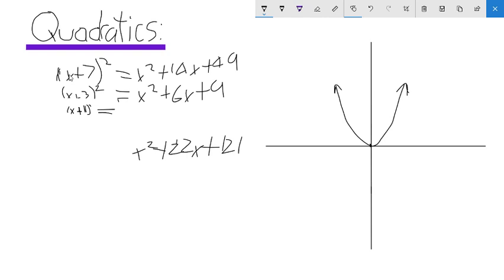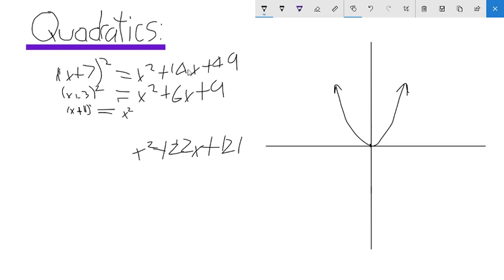So I'm guessing that this right here is going to be this squared. So it's always the first term squared plus, and then this is 14x, and this is 7. This is 6x, and this is 3. And here, this is 22x, and that's 11.